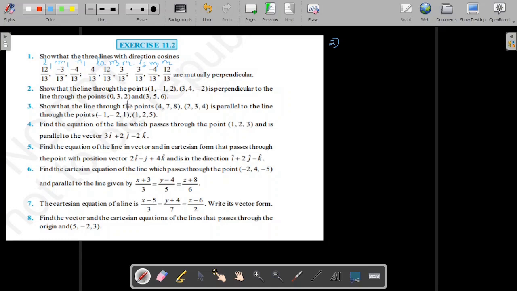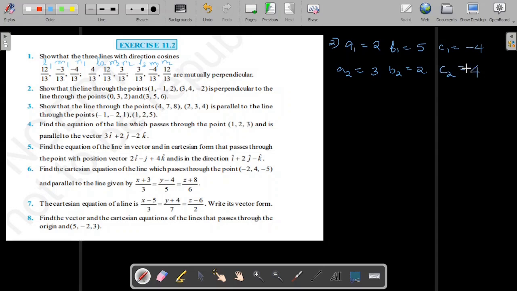Direction ratios are easy because x2 minus x1, that's it. So a1 equals x2 minus x1, 3 minus 1, 2. b1 equals y2 minus y1, 4 minus of minus 1, that is 5. c1 equals minus 2 minus 2, minus 4. Then a2 equals 3 minus 0, 3. b2 equals 5 minus 3, 2. c2 equals 6 minus 2, that is 4.